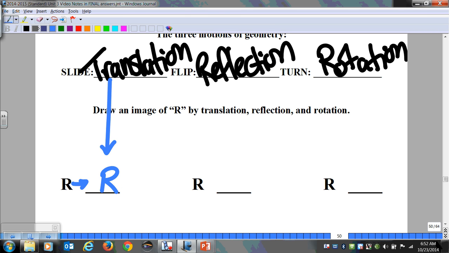A reflection would be as if you have a mirrored image. Rotation, it honestly doesn't matter how far you rotate. So I could rotate it 90 degrees, I could rotate it 180 degrees, etc. But you can see that that is a rotation.